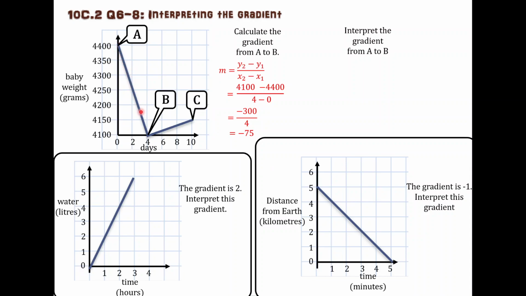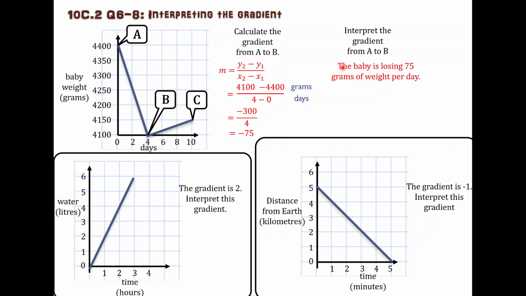It's going down. And if we look at the units, the top part here, the top of the fraction, the y-axis, these numbers are in grams. And the x-axis is in days. So when we say it's going down by 75, it is going down by 75 grams per day.